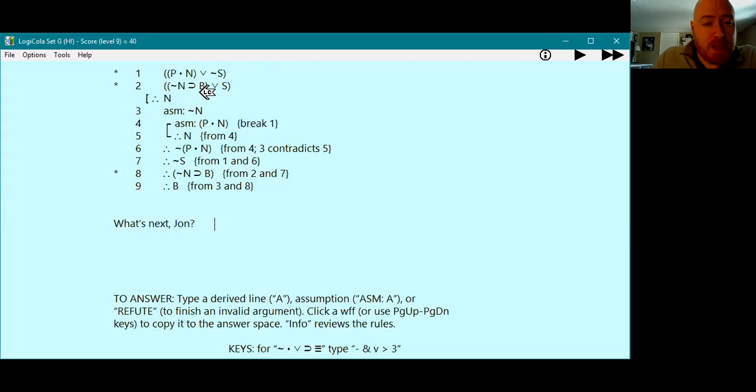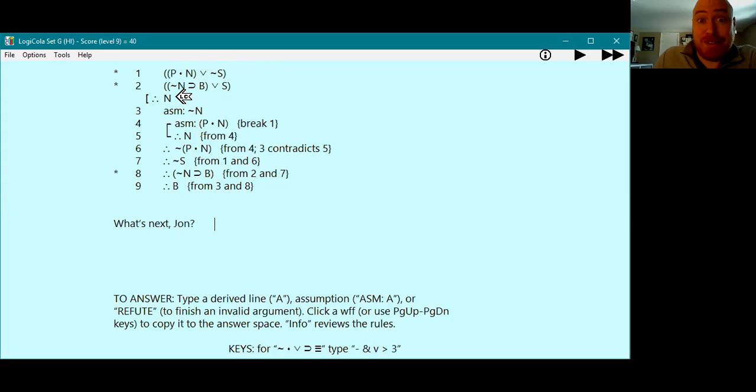If not N, then B or S. Well, I've got that S is false, so that means that this half is false. But here I've got not N is true, and I've got B is true, which makes this horseshoe true, which is enough to make this disjunct true, right? So premise 1 is true, premise 2 is true.